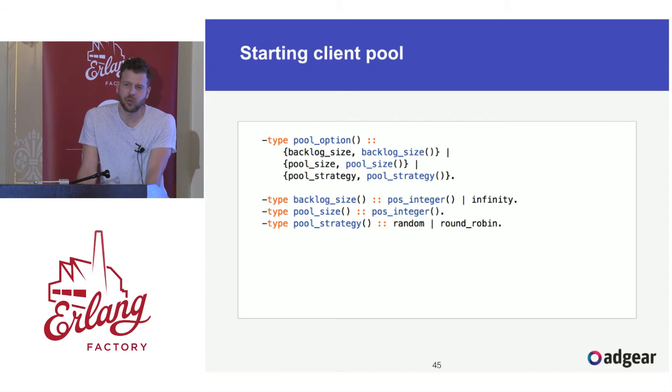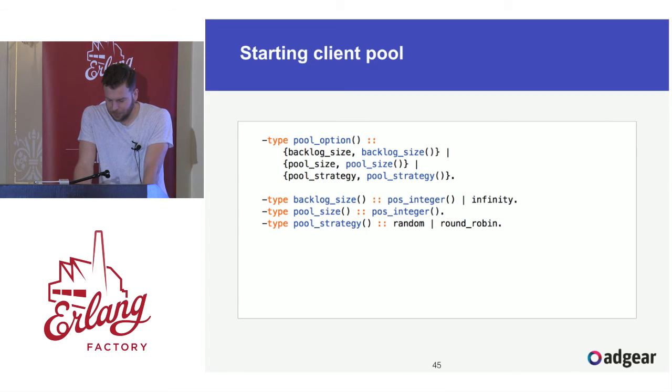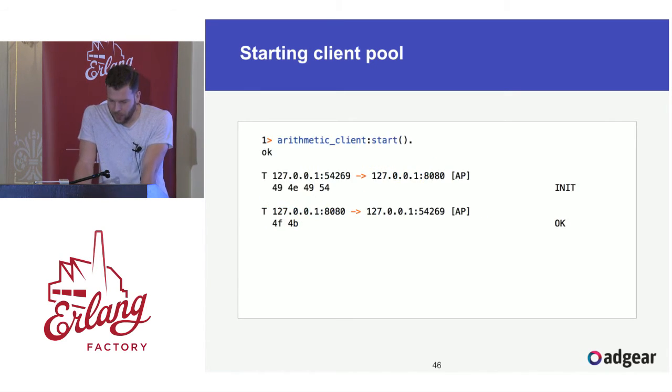But if you're using UDP, it's possible that you're going to lose packets over the network, and you're just going to end up with backlogs full that never empty out. That way, if you use infinity and use the asynchronous mode, you won't be blocking forever in busy mode. And then the pool size and pool strategy. Pool strategy, like I said earlier, supports two modes, random and round robin.